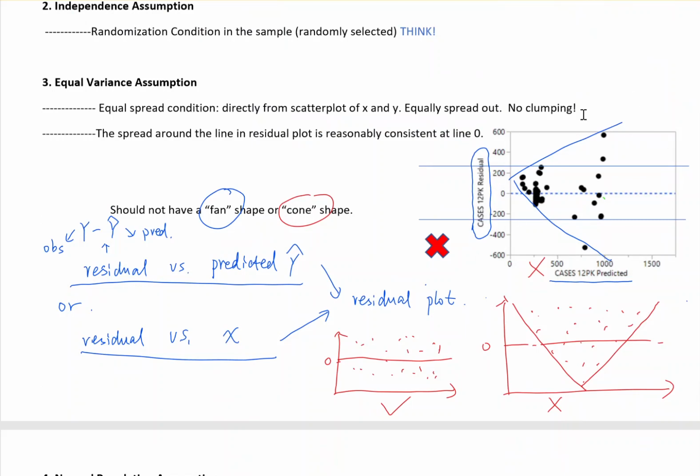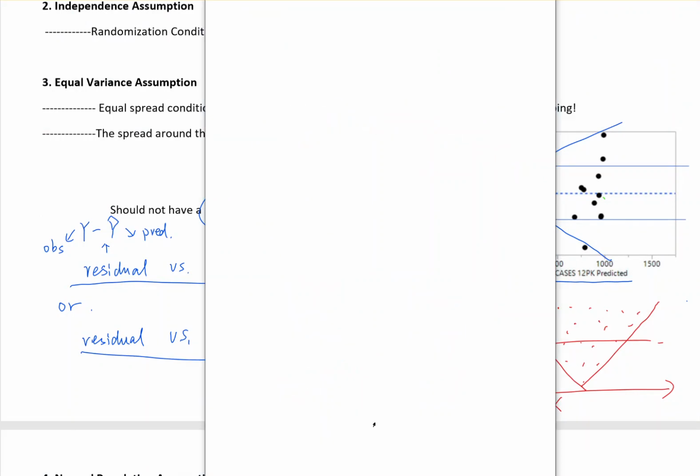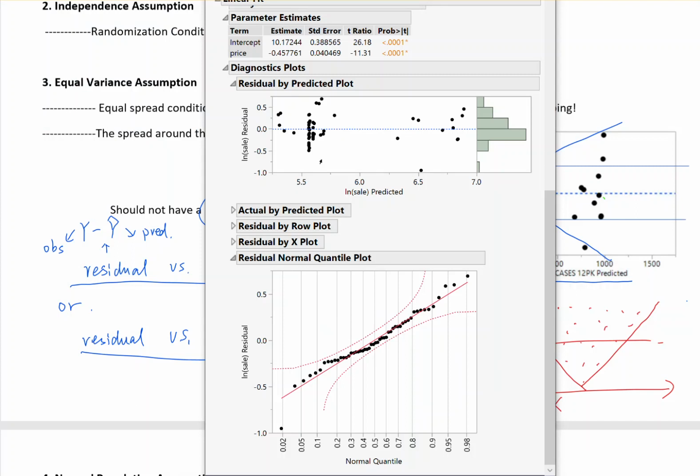That's why the equivariance assumption is not checked. But now if you look at this residual plot, the points are equally spread out, right? So it is equally spread out about this 0 line. Alright, so that means the residual plot is okay.